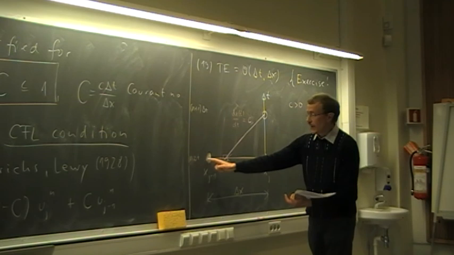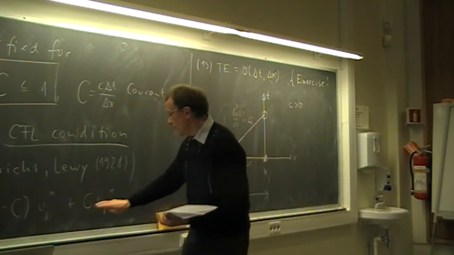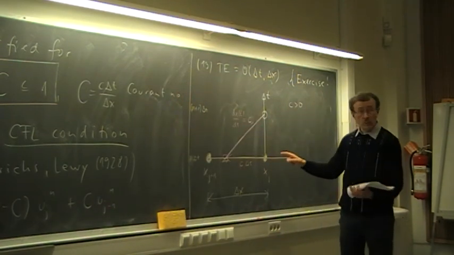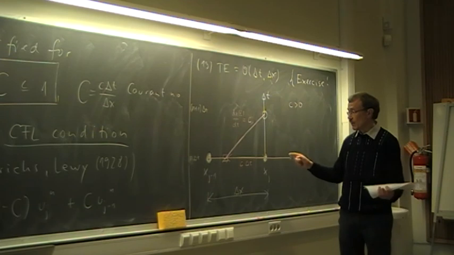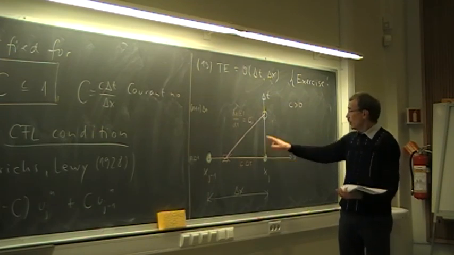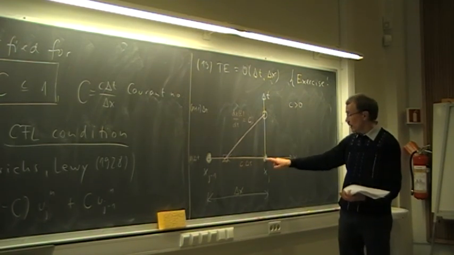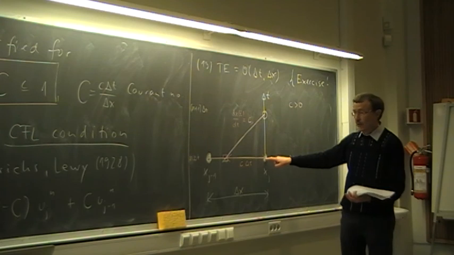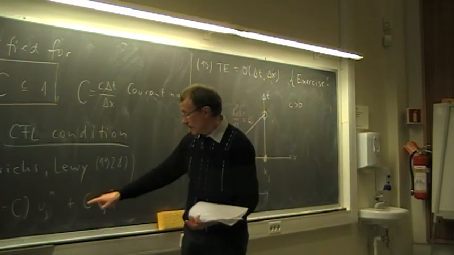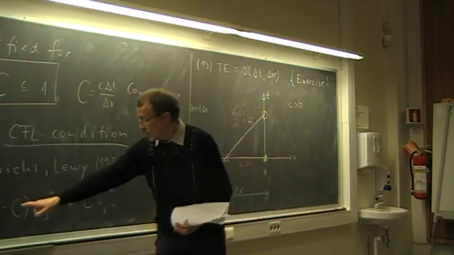That is a special case, but in that case this would be 0 and this would be 1. In the case when we had the slope 0, c would be 0, the advection speed, no movement at all, then the characteristic would come from here. So then the solution would be the value from xj at the old time level.